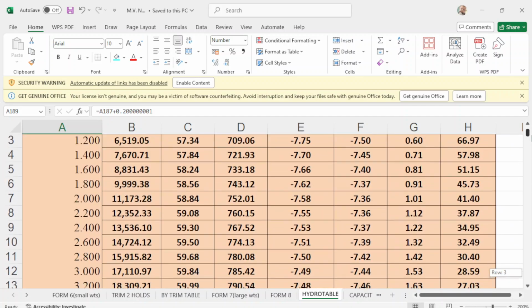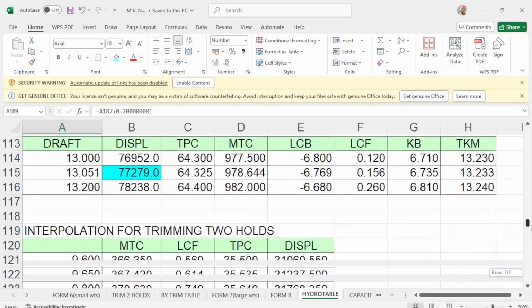This is the hydrostatic table, and I scroll down to the program.